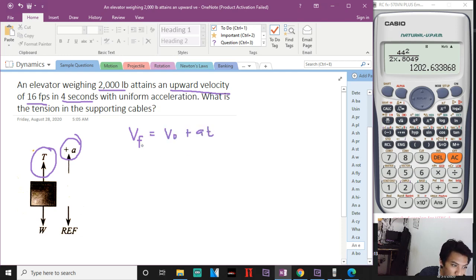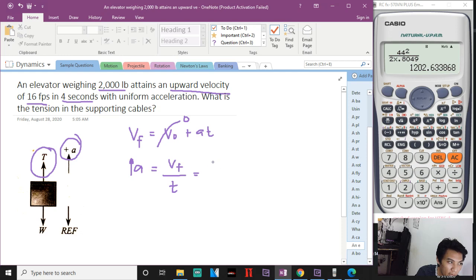Meron ang VF pero wala kang VO kasi it started from rest. So, A ang hinahanap mo. Pataas, ibig sabihin yung acceleration mo, non-counteracting, kasabay ng pag-akyat. Okay? Equal to VF over T.